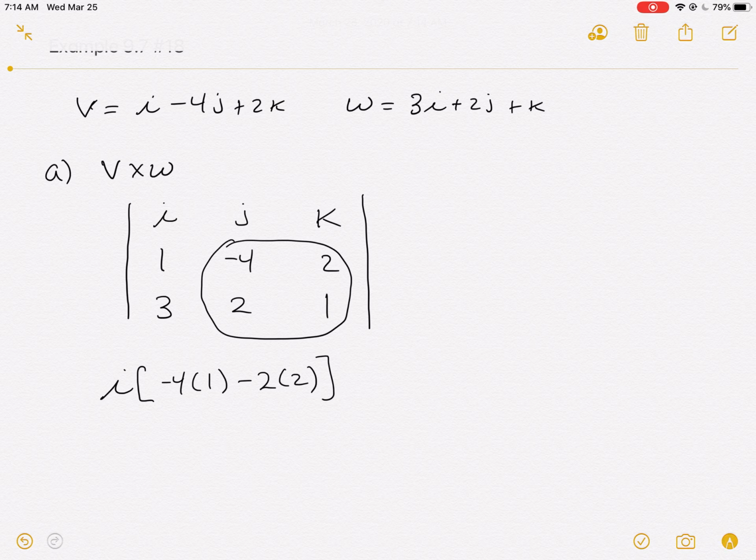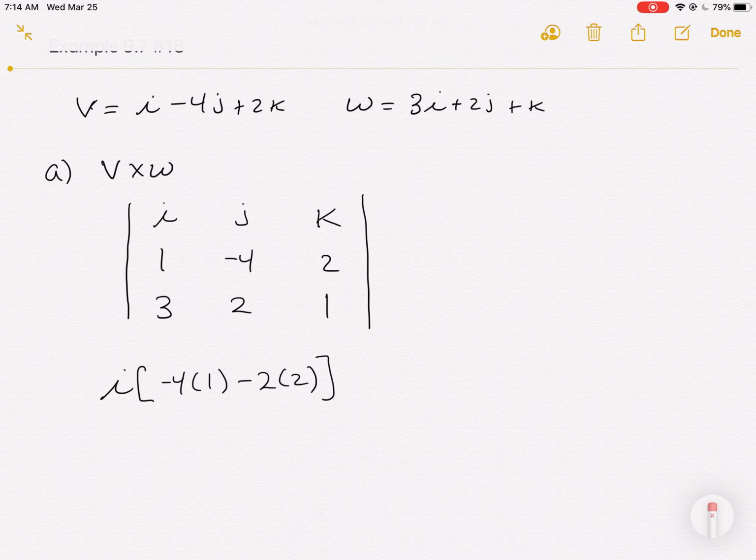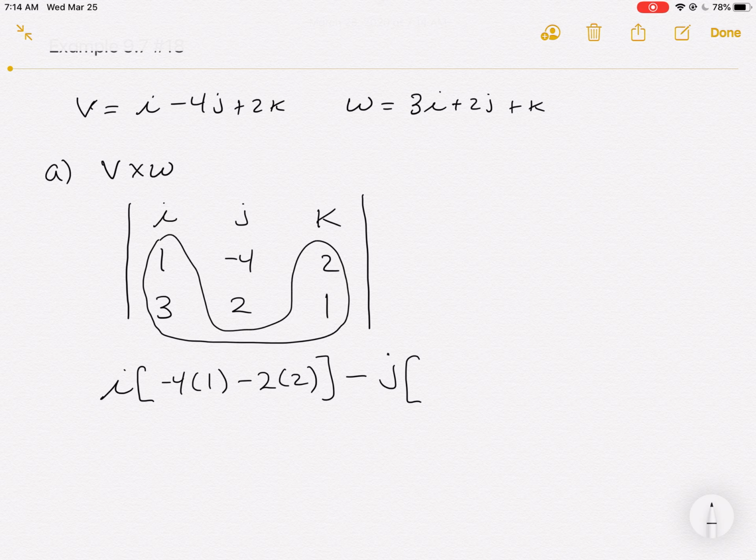Then if you remember, we are going to do a minus sign next, because we always alternate signs. So minus j, and then remember we're going to be looking at these numbers right here and the determinant of those. So we're going to get a 1 times a 1 minus a 3 times a 2. And then we're going to have plus again k.